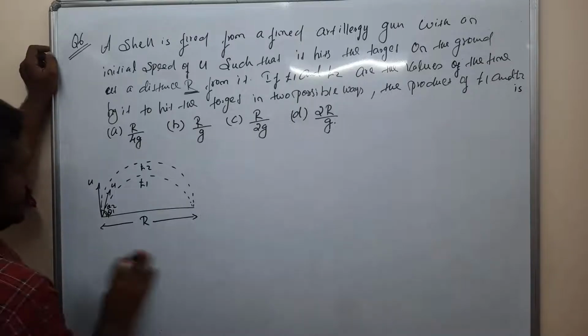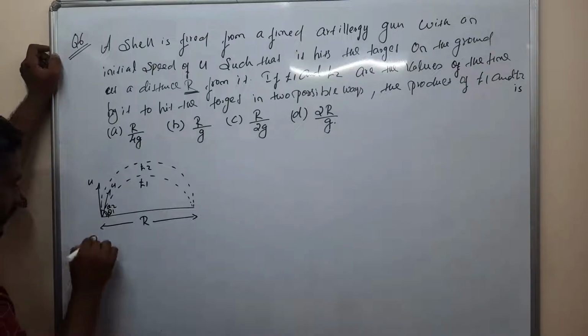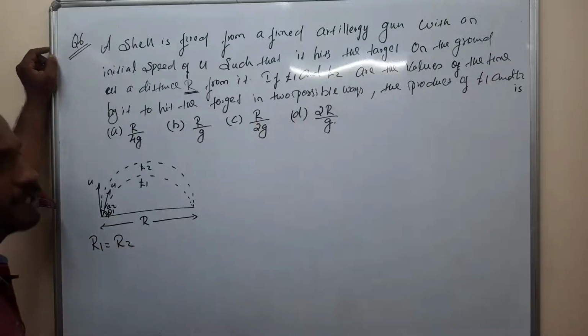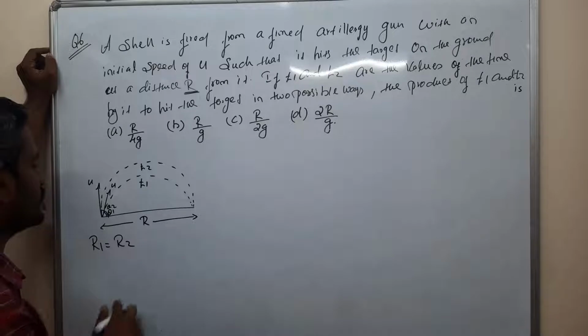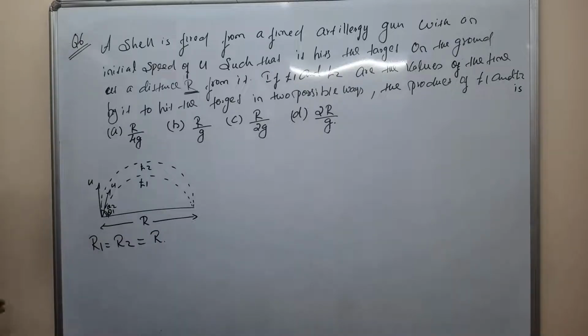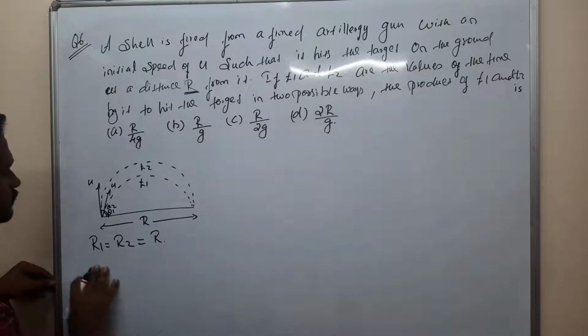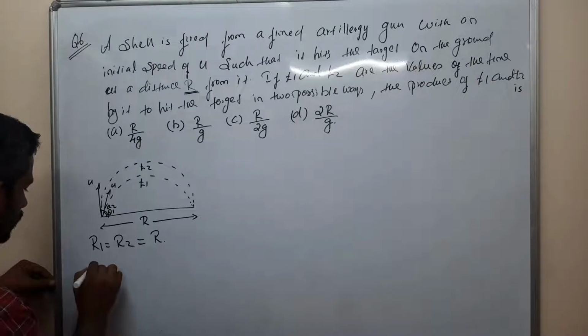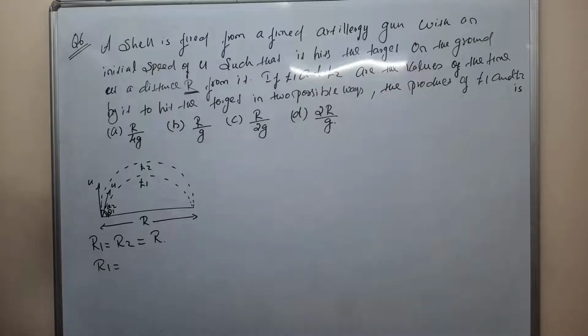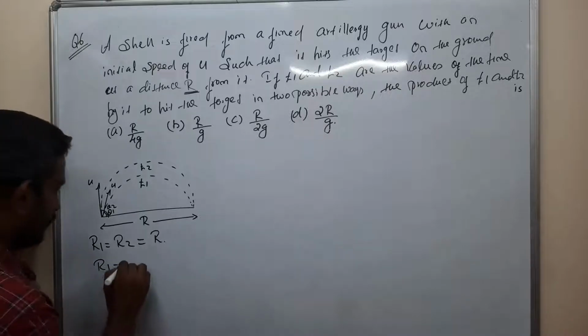So in both the cases, R1 is equal to R2, range of the first projection equal to range of the second projection, that's equal to R. So what is R1? What is the formula?